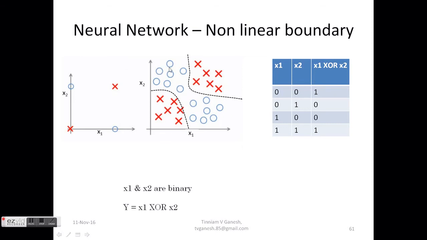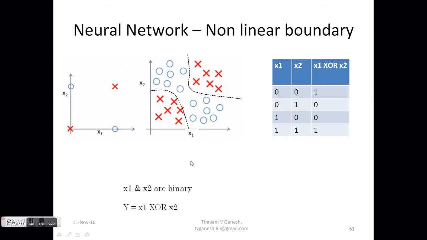So let's say this is a depiction of cancerous and non-cancerous tumors depending on age and tumor size, and if we actually got data like this, then you would have to create a decision boundary which separates them like this, and this is a non-linear decision boundary.